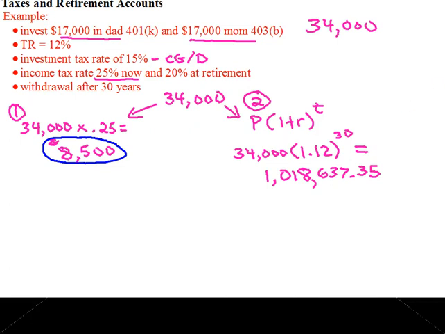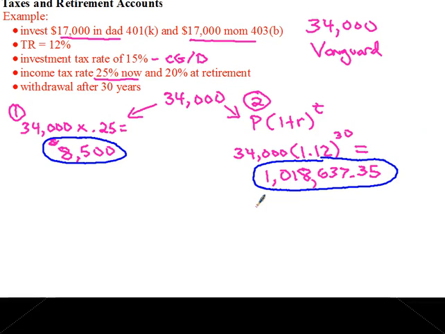Let's say mom and dad did this, to continue with my same examples, through Vanguard, through the S&P 500 fund, and the S&P 500 grew at 12% during this time for 30 years. Those two accounts combined turn into $1,018,637.35. That's a pretty big deal.